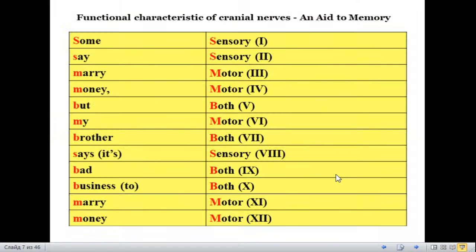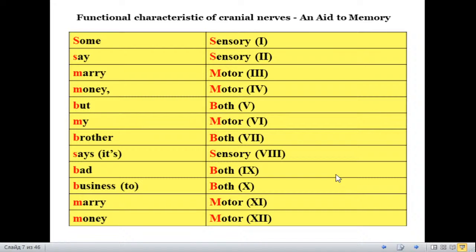How to memorize more easily the function, sensory, motor, or mixed? These mnemonics, as for me, help you to memorize. There is a sentence: some say marry money, but my brother says it's bad business to marry money. The first letter S in words indicates sensory, letter M motor, B both.